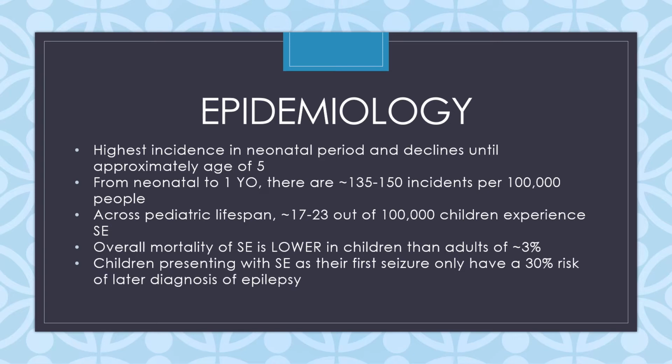Overall mortality of status epilepticus is lower in children than adults, at around 3%. Children presenting with status epilepticus as their first seizure only have a 30% risk of later diagnosis of epilepsy.